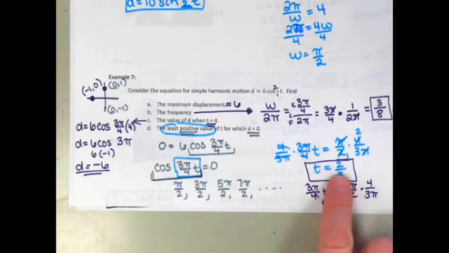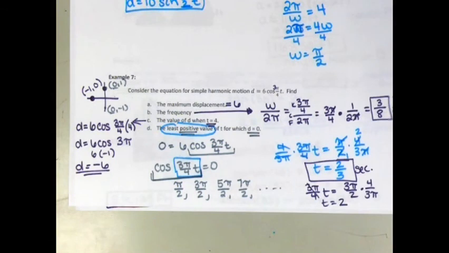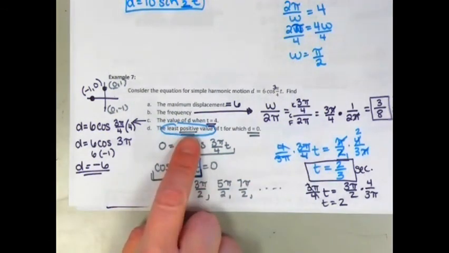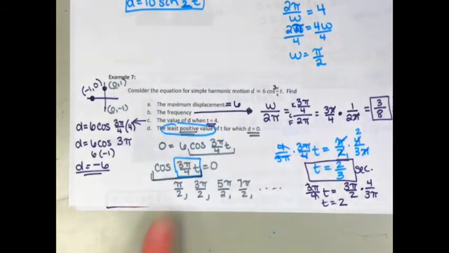So at 2/3 seconds, as we're in seconds, we will have the smallest positive value for which d is 0, our distance is 0. Now, again, we didn't use negative pi over 2. Why? Because it wanted the positive, right? All right. Any questions on this?